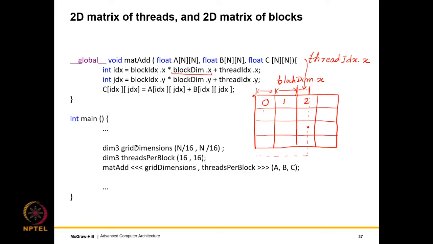We are assuming the origin is over here, and again these are numbers 0, 1, 2, 3, and so on. So we do the same for y also. We multiply the y component of the block index with the block dimensions, and then we arrive at the starting point, and then this displacement is threadIdx.y.